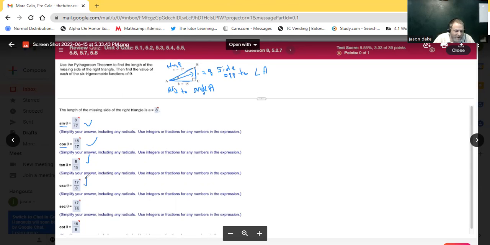Your secant is going to be 17 over 15, so hypotenuse over adjacent. And your cotangent is going to be 15 over 8.